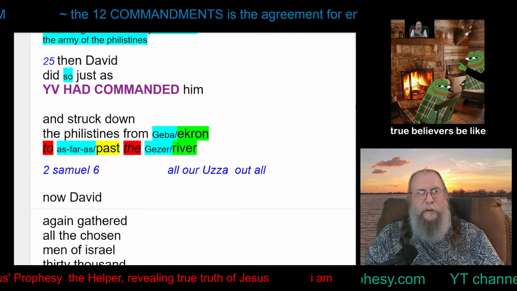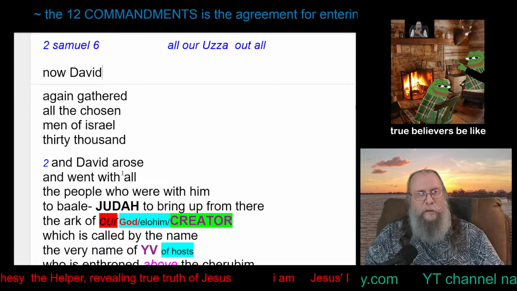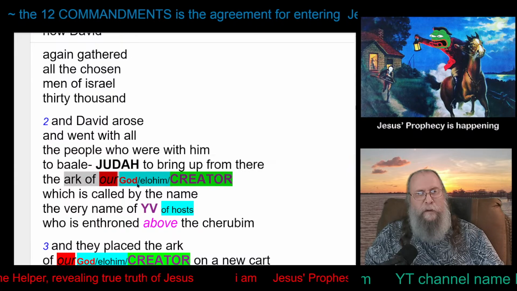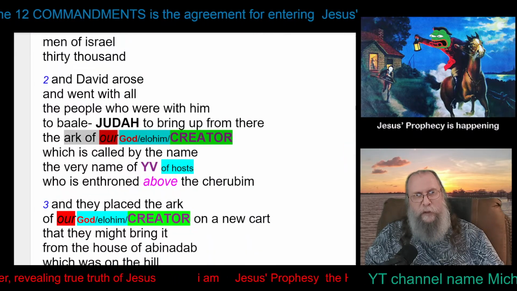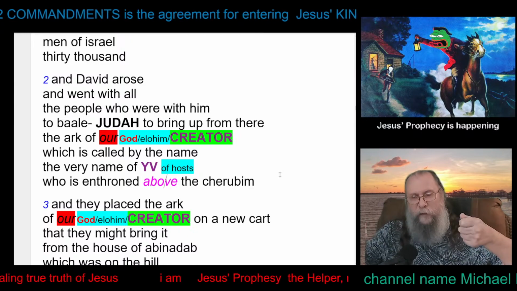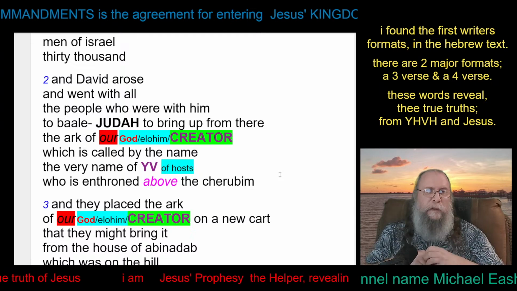and say, now this is the story that David's going to go and bring from there the ark for our Creator, enthroned above the cherubim, and he's not above the cherubim. That's just wrong. The angels were beside him, and they were facing each other with their arms stretched out, and they were holding the mercy seat.